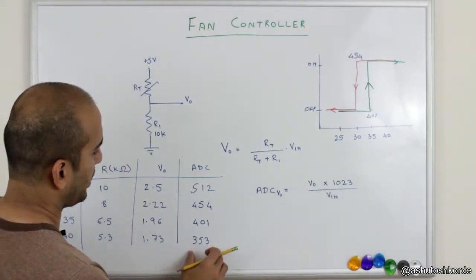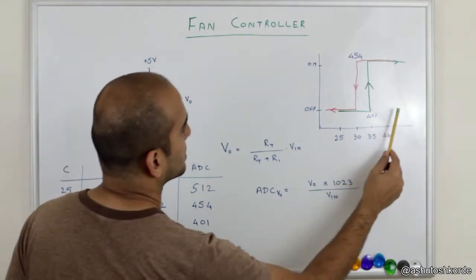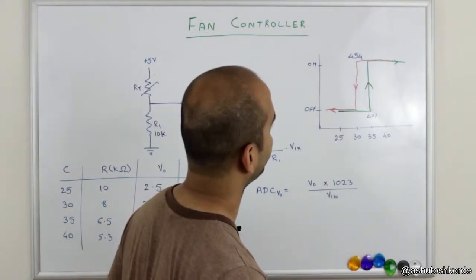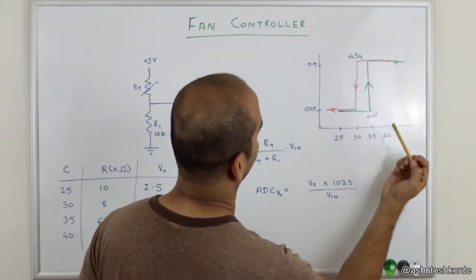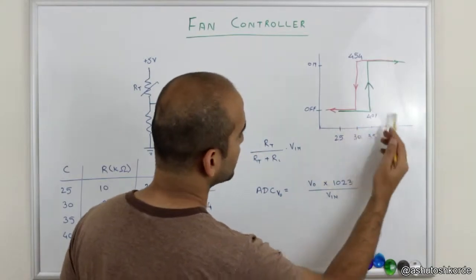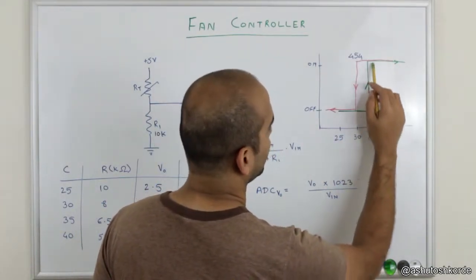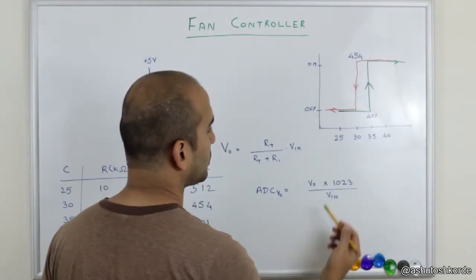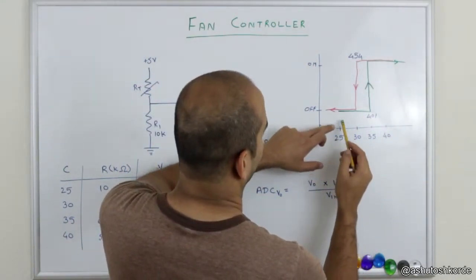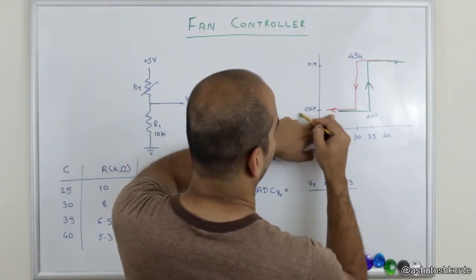Now, one thing that you would notice here is I have drawn a graph of the transistor turning on and off. In this graph, the green line is when the temperature is increasing. So let's say we start at 25 degrees and the transistor is off.